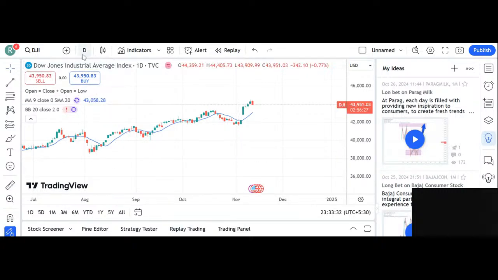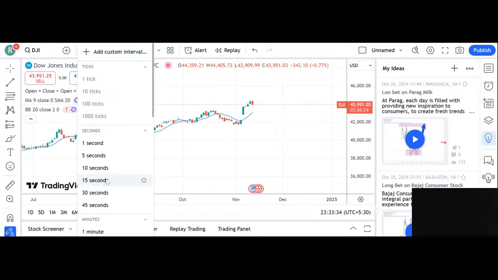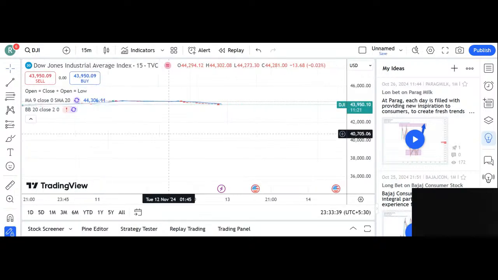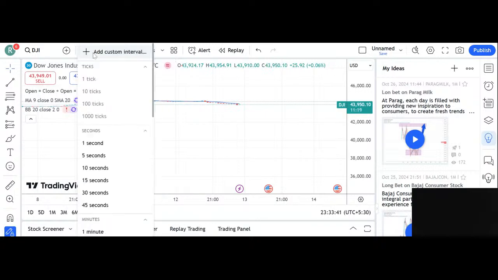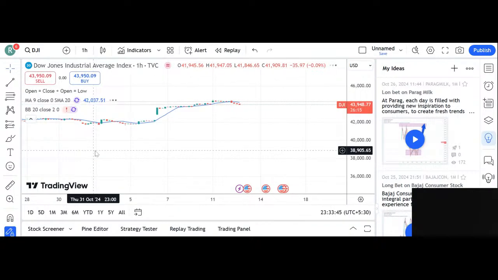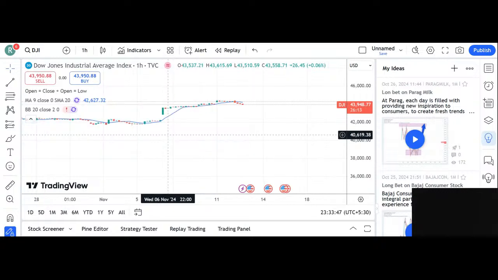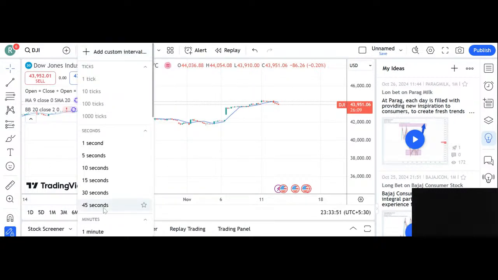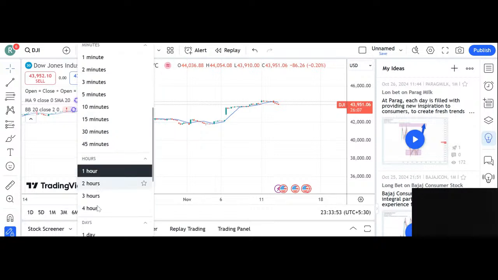If we go for today's chart, like the 15 minutes chart in an intraday, it is still in a downtrend. If we go with a 1 hour time frame, it's still in a downtrend.